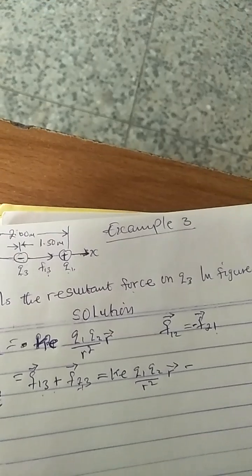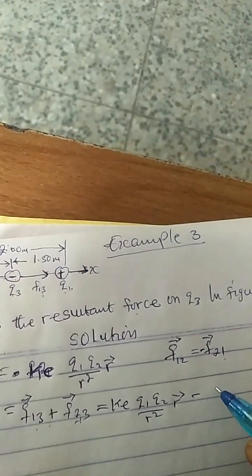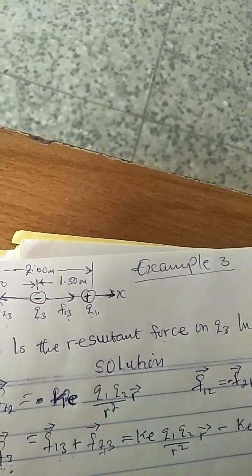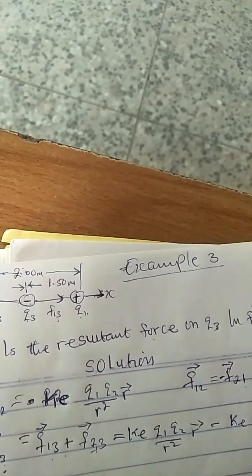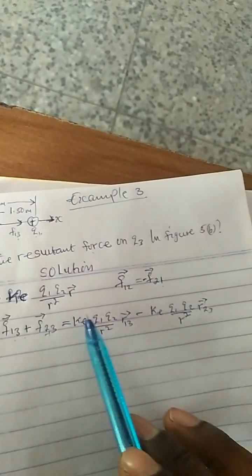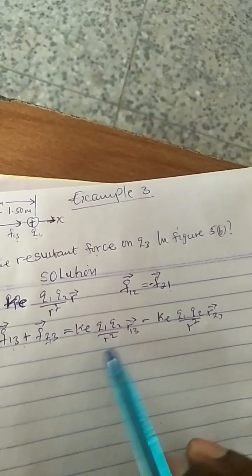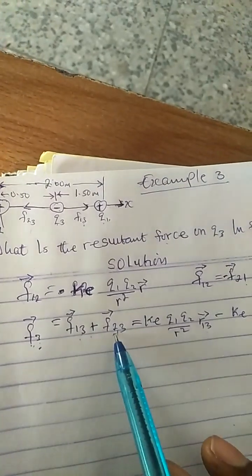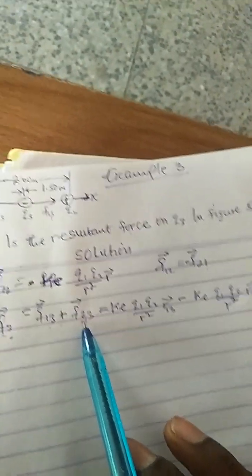So this is going to be minus KE Q1 Q2 all over R square, vector R23. This one should be vector R13. So this is representing KE Q1 Q2 over R square, vector R13 as the first one, while this one is the second one. I hope that is clear.